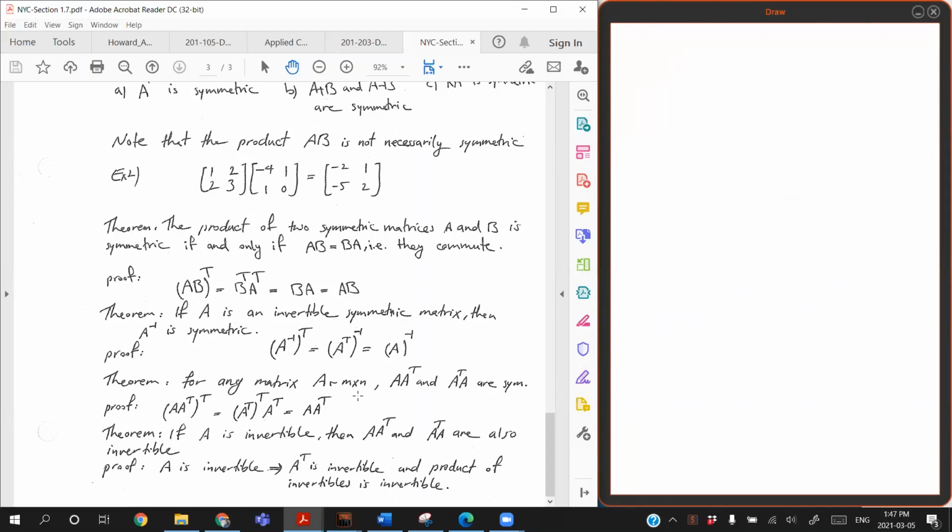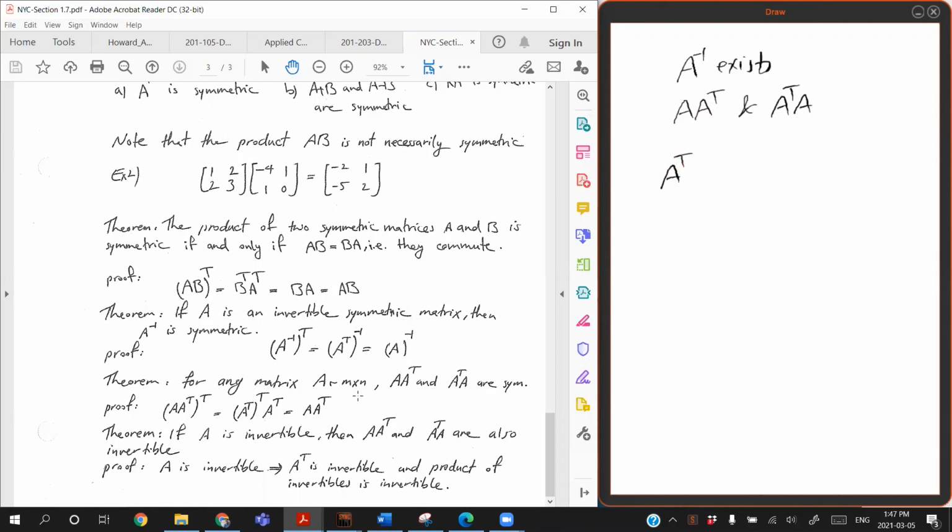Last theorem. If A is invertible, so we know that A inverse exists, then A transpose and A A transpose are also invertible. This is very easy because if A is invertible, then we know that A transpose is also invertible.